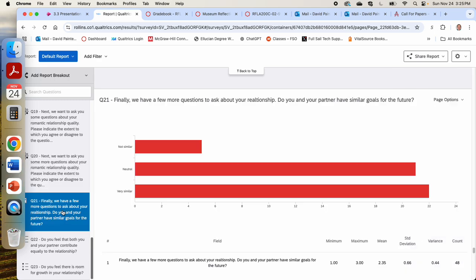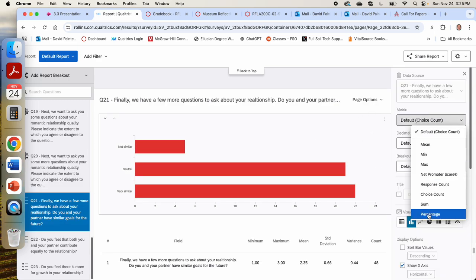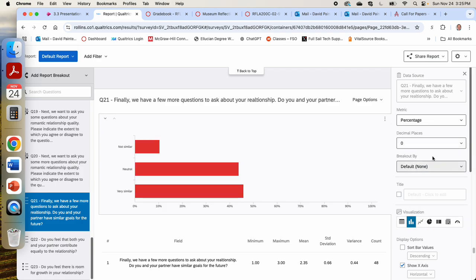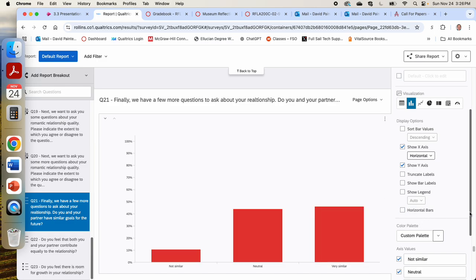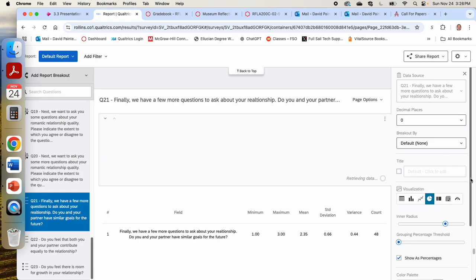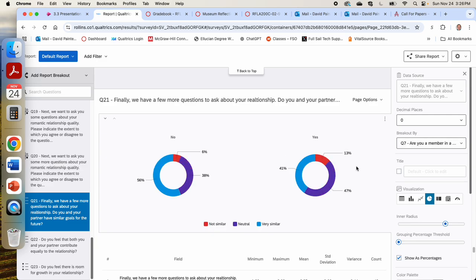You can continue to play with this and do these questions again. Percentage, no decimals. You don't want horizontal bars, so you unclick horizontal so that they're vertical bars. You can turn it into a pie chart. And then you can break it out by, are you a member in Greek life organization?